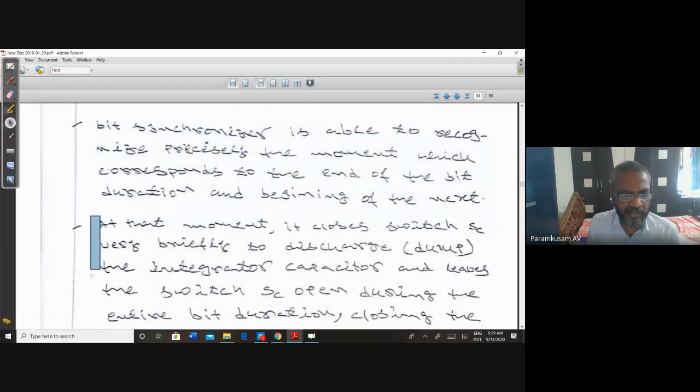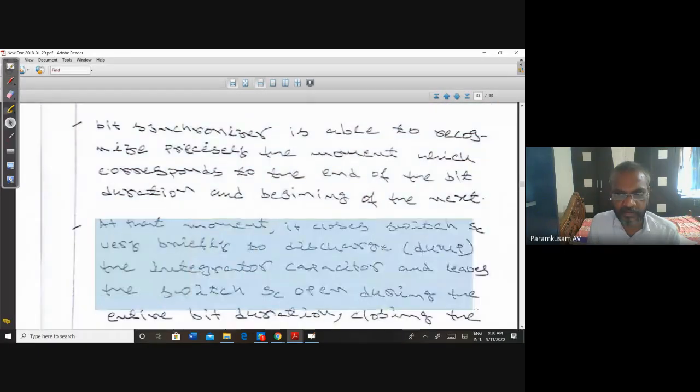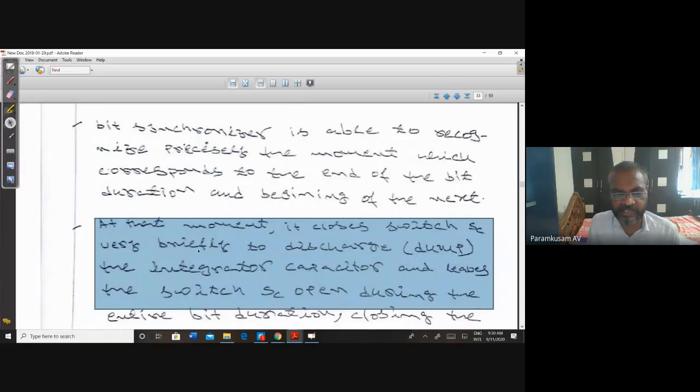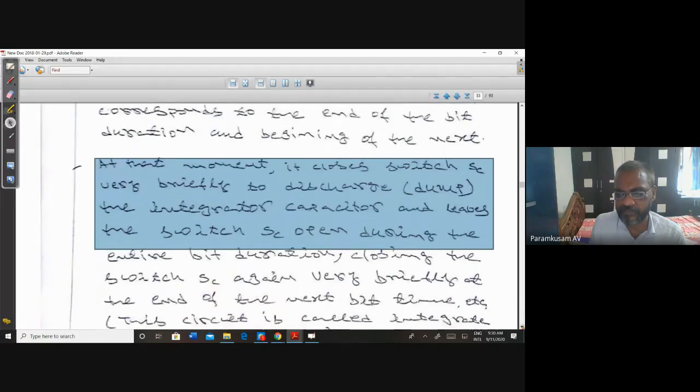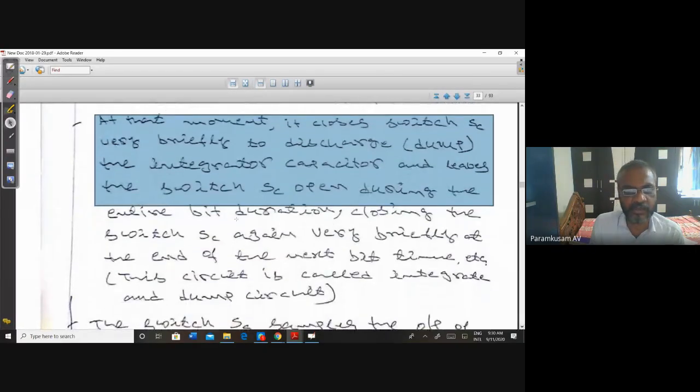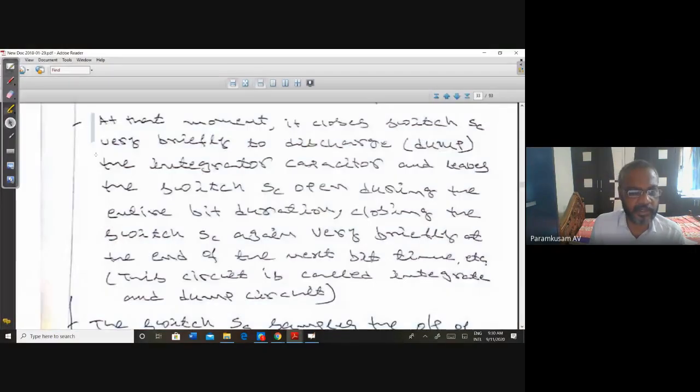At that moment it closes switch SC very briefly to discharge the integrator capacitor and leaves the switch SC open during the entire bit duration.